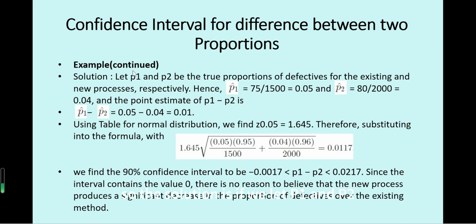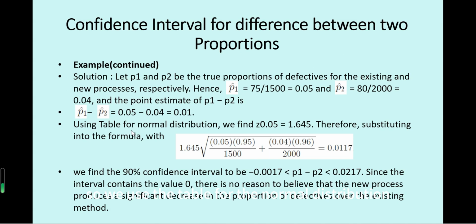The solution is, if we let P1 and P2 be the true proportions of defectives for the existing and new process, then P1 hat and P2 hat can be found from the sample information. We get P1 hat equals 0.05 and P2 hat equals 0.04, so the point estimate of P1 minus P2 is 0.01.